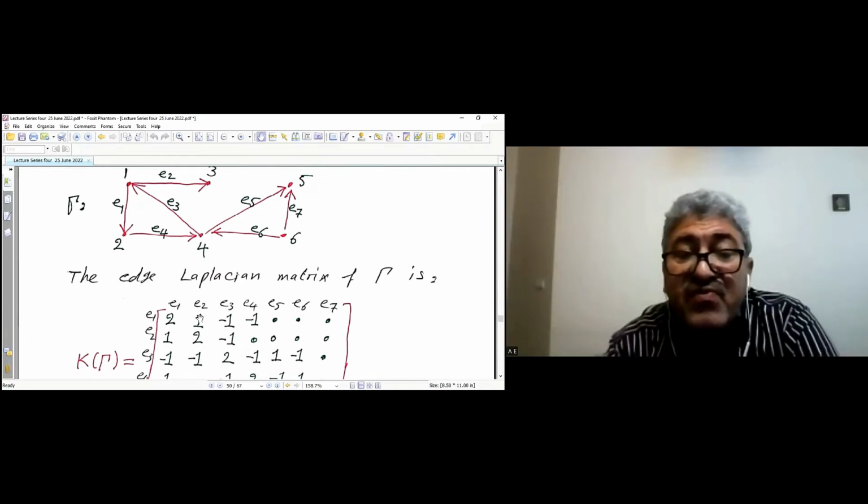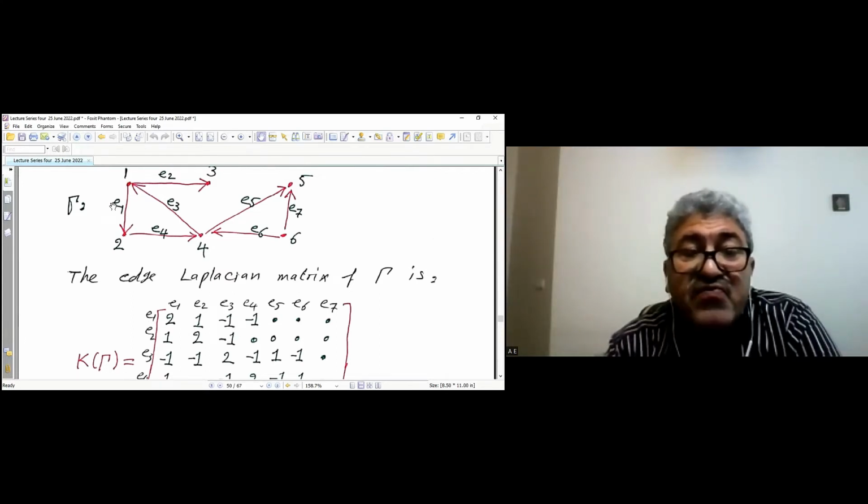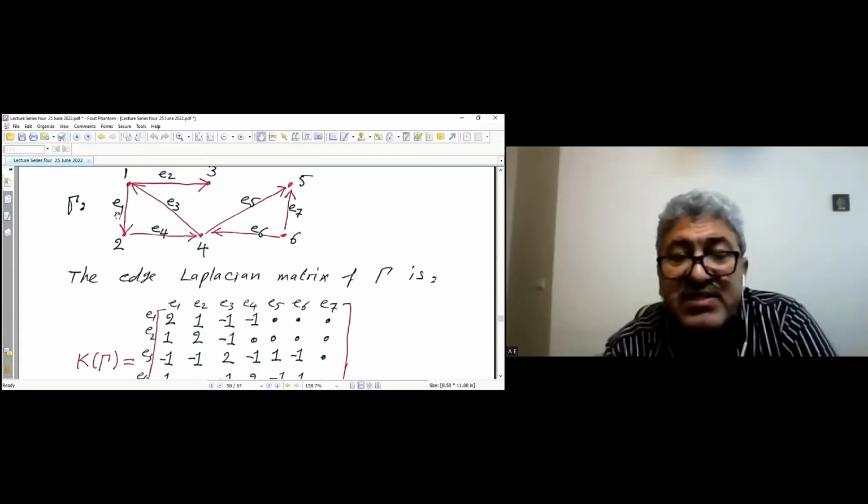How about E1, E3? E1 from the intersection point, which is vertex 1, is going out and E3 is coming in. So that's the second case, we have to put -1.